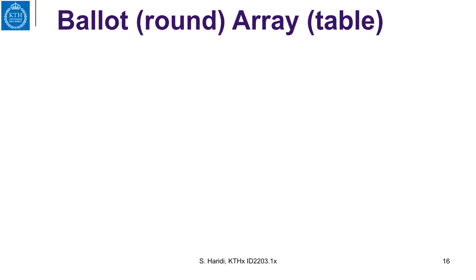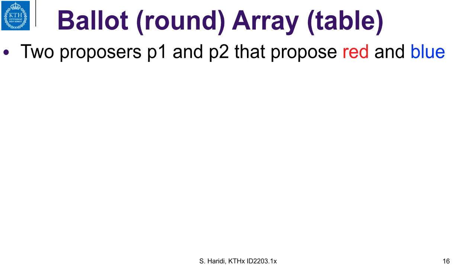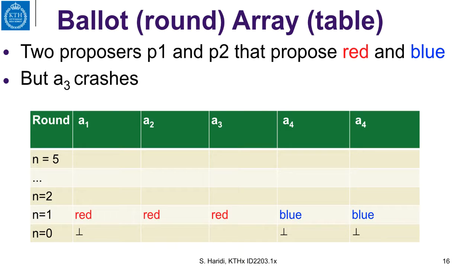Let us see this in our ballot array representation. We have two proposals, P1 and P2, that propose red and blue. And we were here, what we call round one. Round one, this is the state of the acceptors.